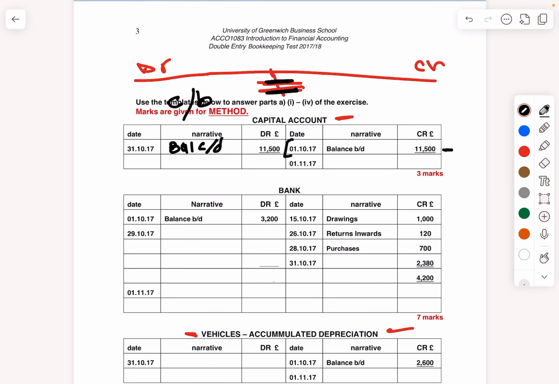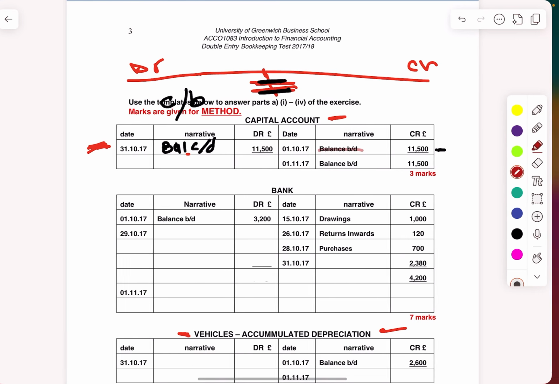So balance carried down means the closing balance for this month will be 11,500. And for the next month, if we have the closing balance for this month, we have to do balance brought down for the next month. A lot of people will ask, oh, we have balance brought down already.